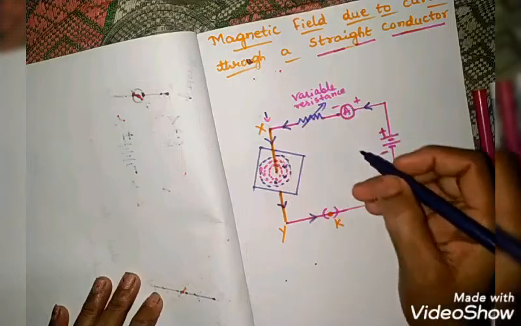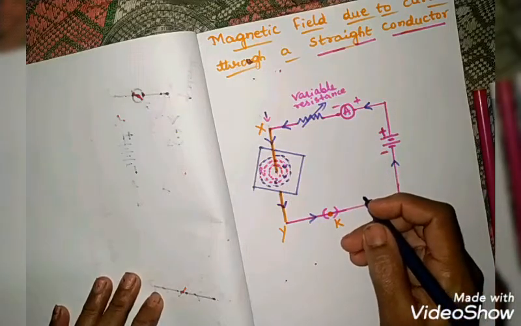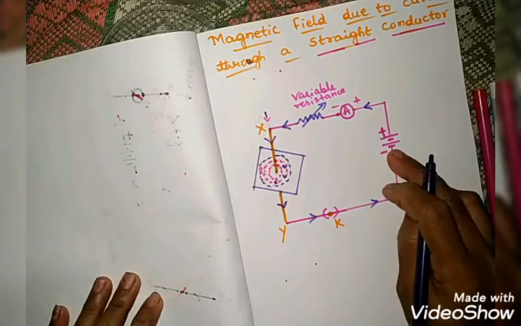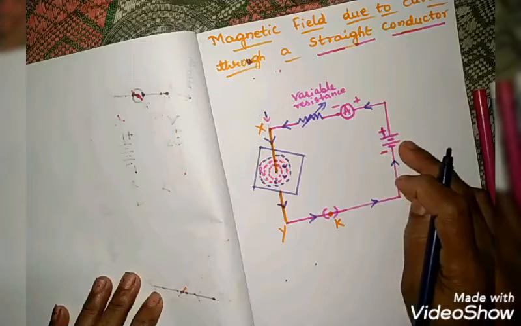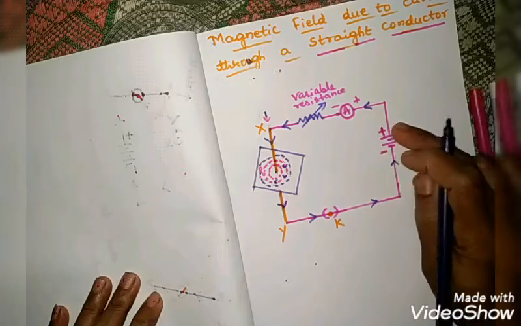Let us change the direction of the current first. We will change the terminals. Positive here, negative here.